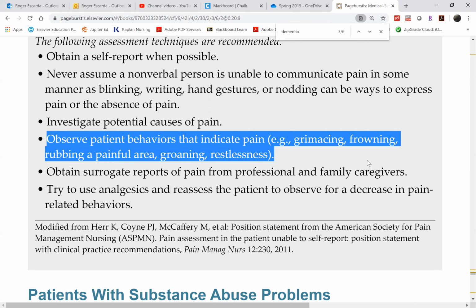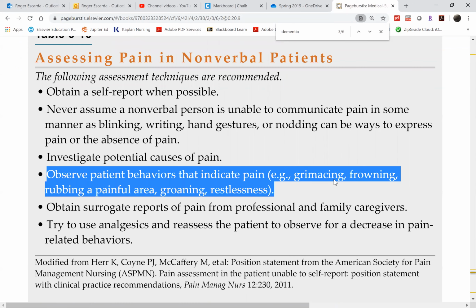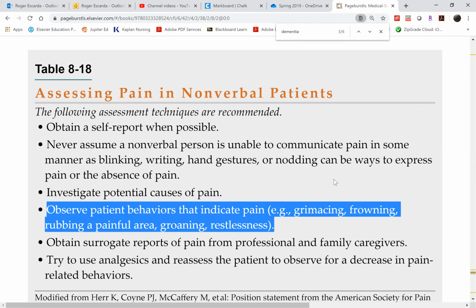So here are your cues for pain. They may be grimacing, frowning, rubbing a painful area, groaning, or restless. All right. So these are what I meant by how do you assess.